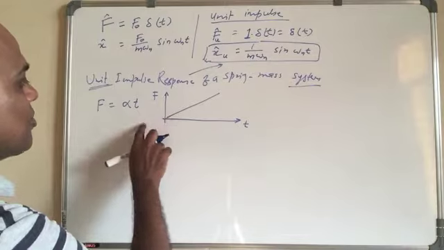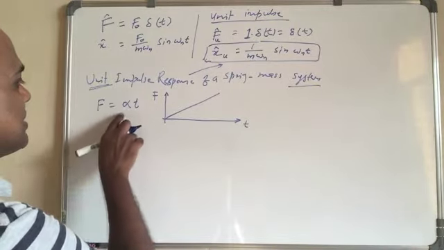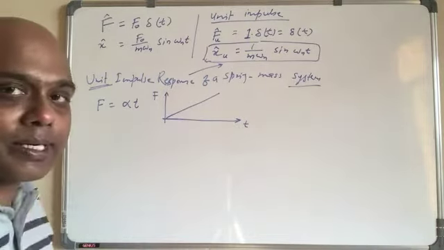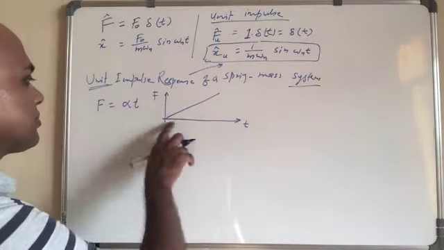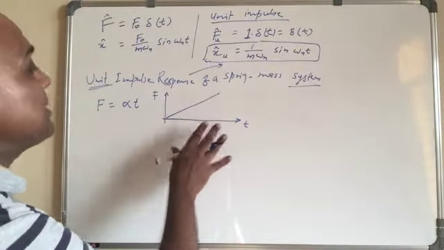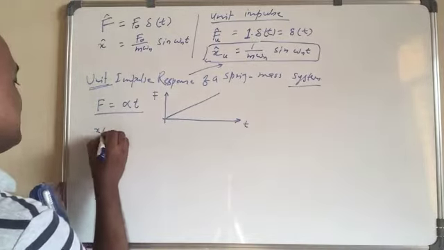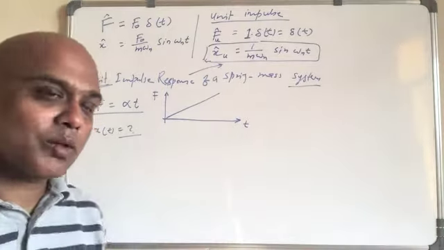In this case, F is proportional to t, so dF over dt equal to alpha or tan alpha. The alpha is the slope, basically, right? Okay. So in this case, if this is given like this one, then we have to find out x(t), and x(t) equal to what?